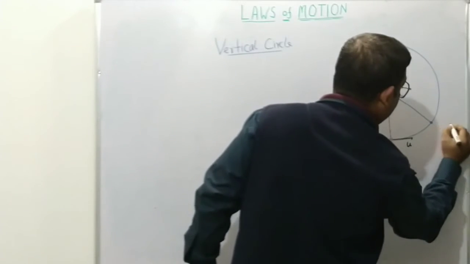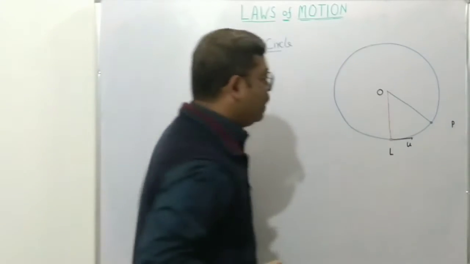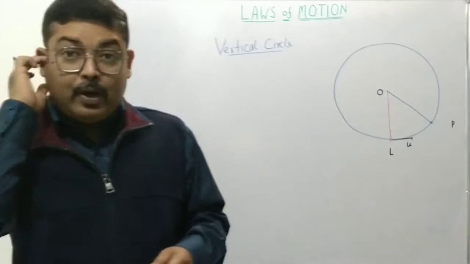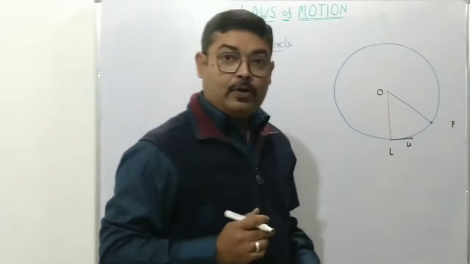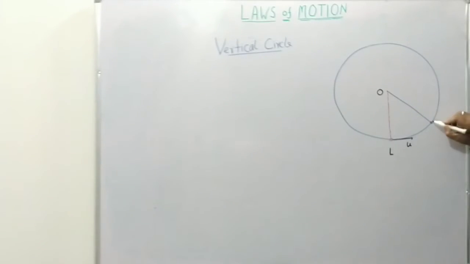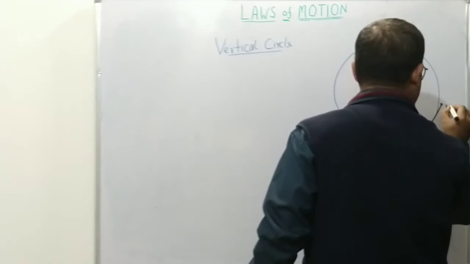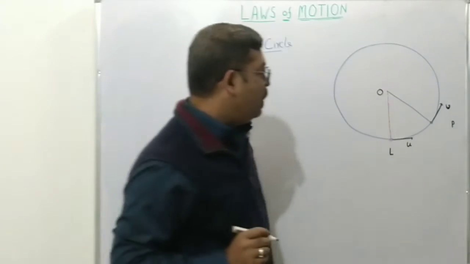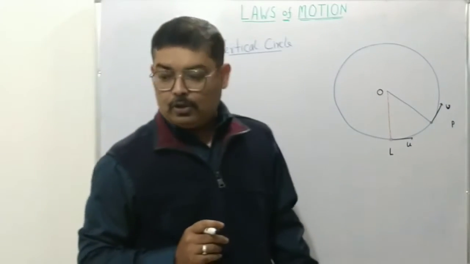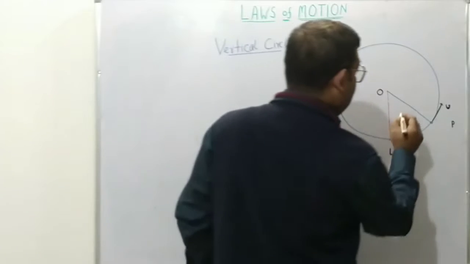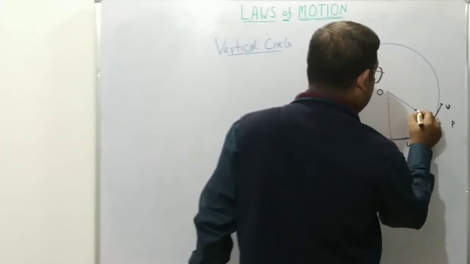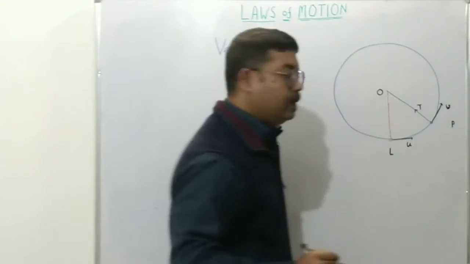Let's call this point P, some arbitrary point, where we want to find the velocity, which will definitely be tangential to the path, like this. Let's call the magnitude of the velocity V. And also, when it is here, let's say the tension in the string be T, capital T.